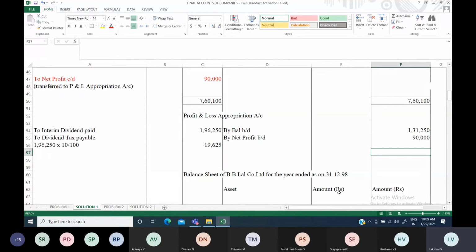So 1,96,250 plus 19,625, how much are you getting, you find out. Similarly, on that side, on seeing itself we can find out this side only will be higher. Okay. So here we are getting 2,21,250, I think so. That amount you can enter on both the sides actually. 2,21,250.